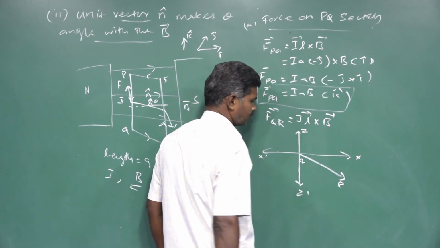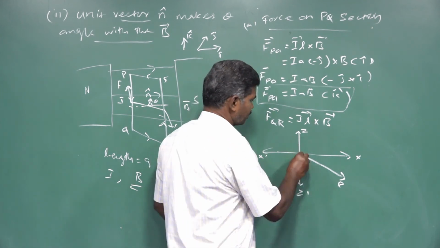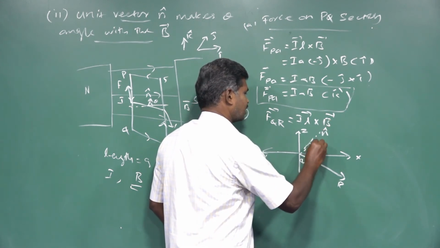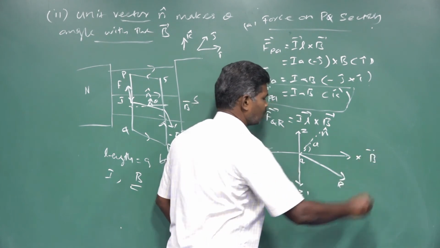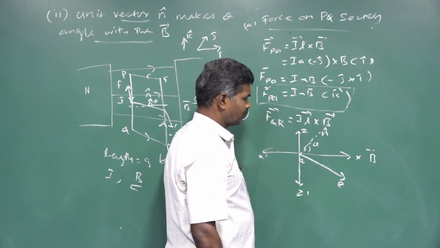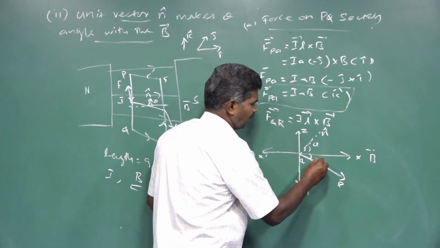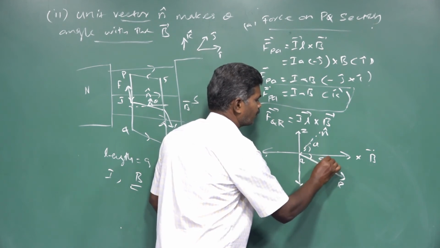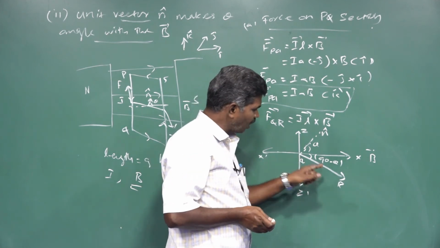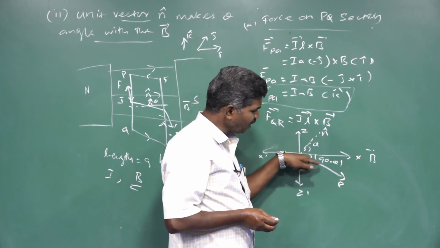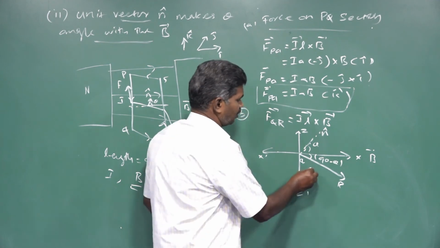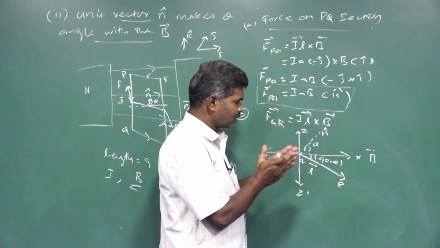Q R. We know that n cap makes theta angle with the B direction, the magnetic field is acting. If n cap makes theta angle with that x direction, this one makes angle 90 minus theta. So at this point we want to take very clear, the QR side current element makes 90 minus theta with that magnetic field direction. So that's why that L vector we are going to resolve into two components.